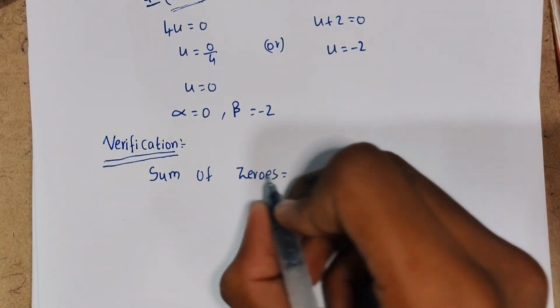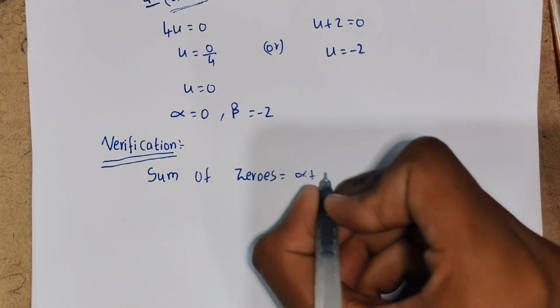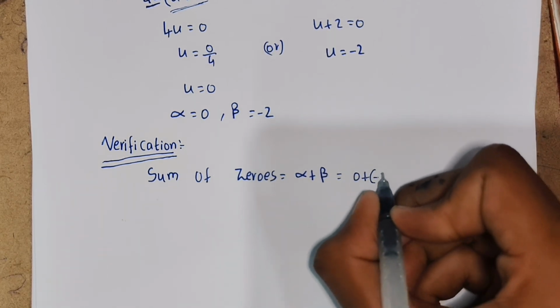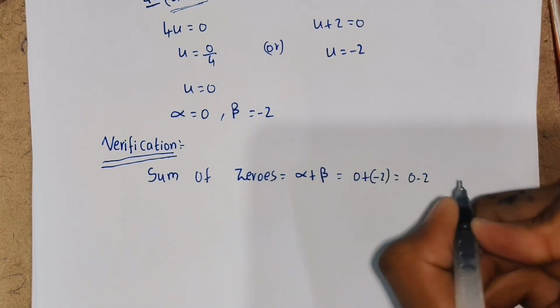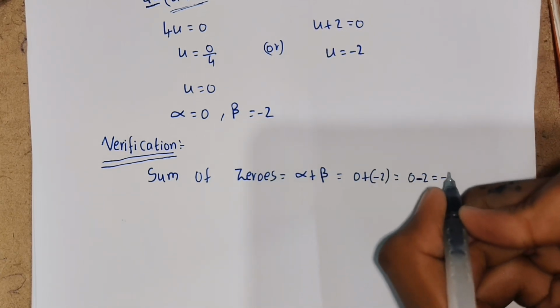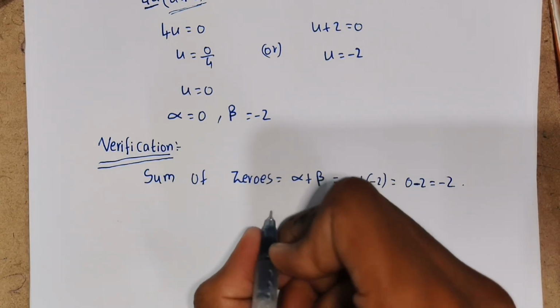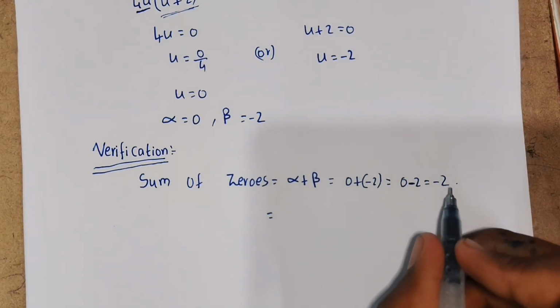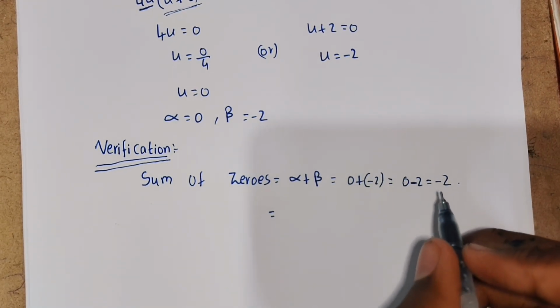Alpha and beta. So sum of zeros equals alpha plus beta is equal to 0 plus of minus 2 is equal to 0 minus 2. Plus into minus is minus, 0 minus 2 is equal to minus 2. So here we got minus 2 by the normal procedure.